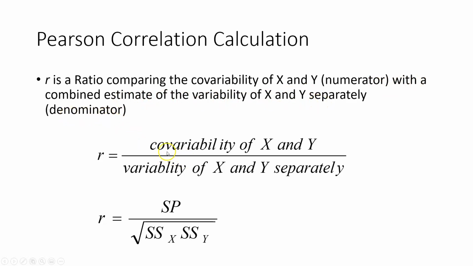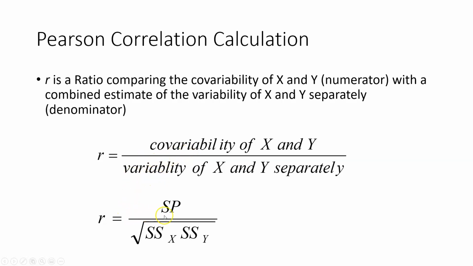So we're comparing how much covariance we see between the two variables compared against, or divided by, the variability that we see in the two variables just individually considered. Just the variability in x and the variability in y. So that gives us an indication of how much variability we would expect just by chance, ignoring the co-relationship between the two.